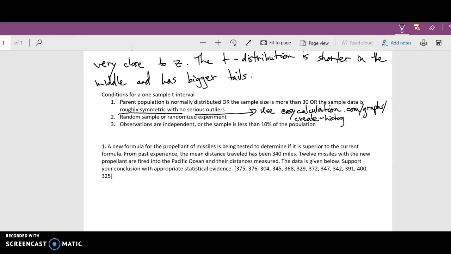So I'm going to show you how that works, how we're going to create a histogram with this thing.